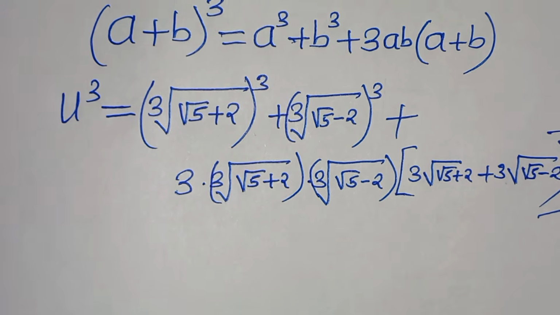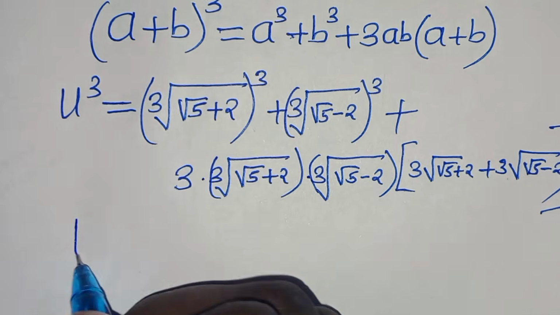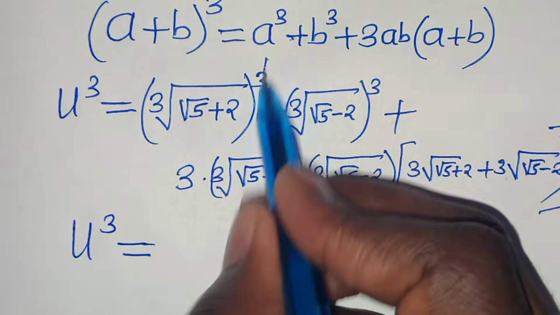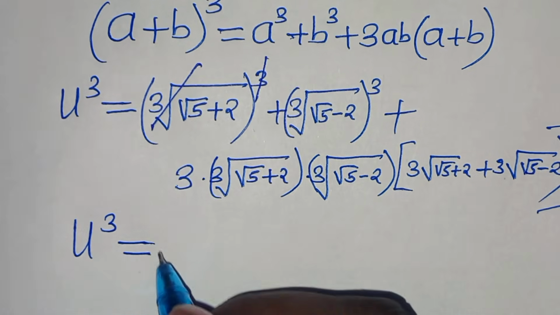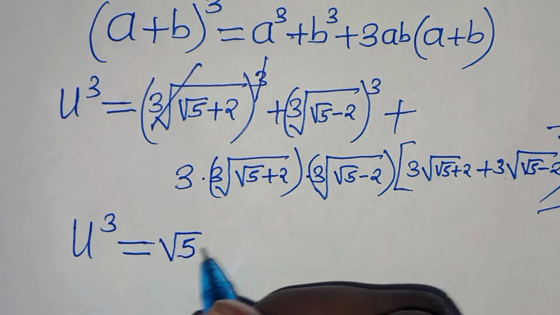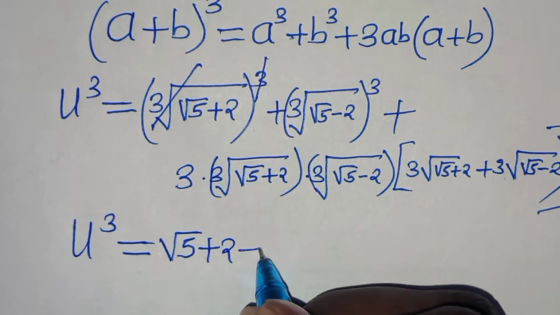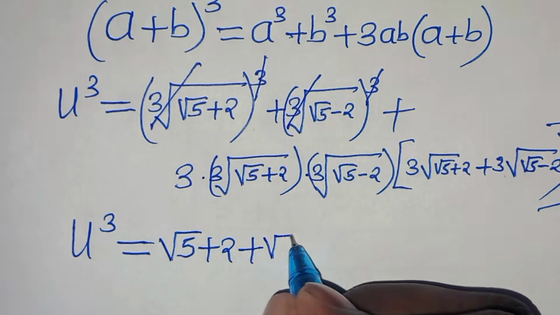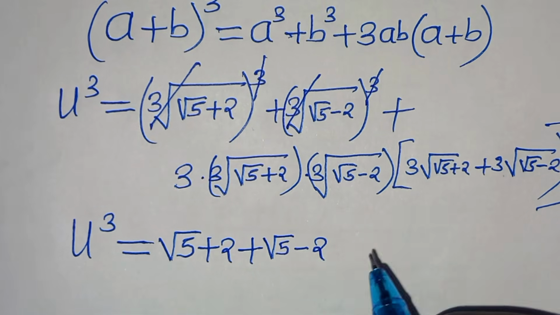Now, the next step is that we have u to the power of 3 equal to, let's eliminate the cube root. So this is the square root of 5 plus 2, plus, eliminating the cube root, the square root of 5 minus 2.